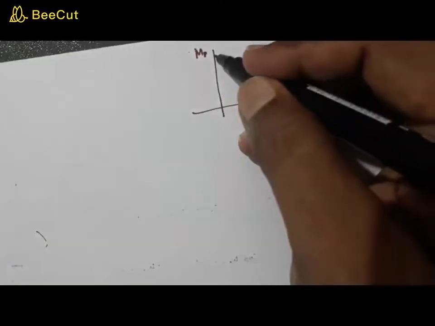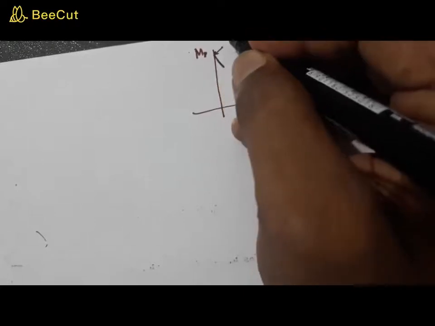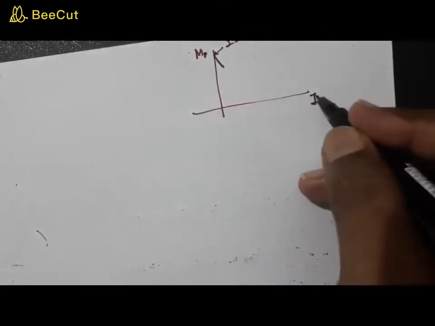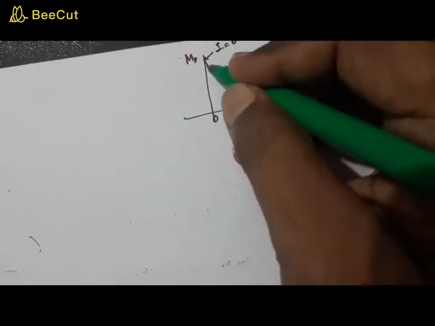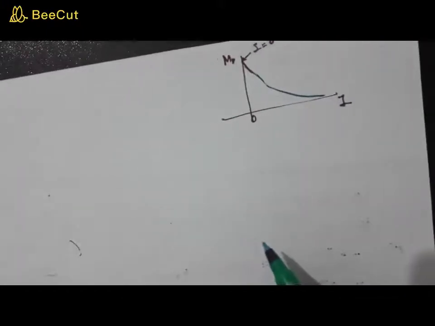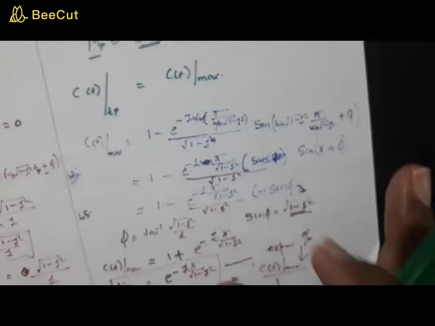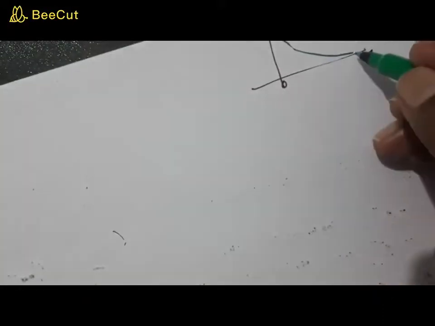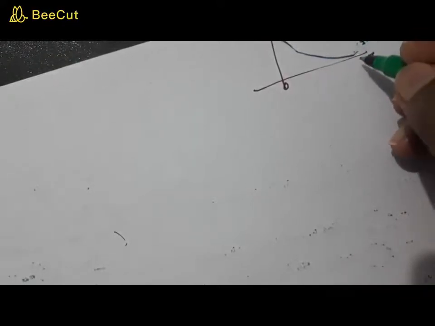So the maximum overshoot is at the point where theta equals 0. This is the theta axis, the 0th value, and it reduces as an exponential graph. As theta becomes equal to 1, the root of 1 minus theta square becomes 0, and e raised to minus infinity reduces to 0. So MP gets reduced to 0. At this point MP is 0, where theta is equal to 1, right?